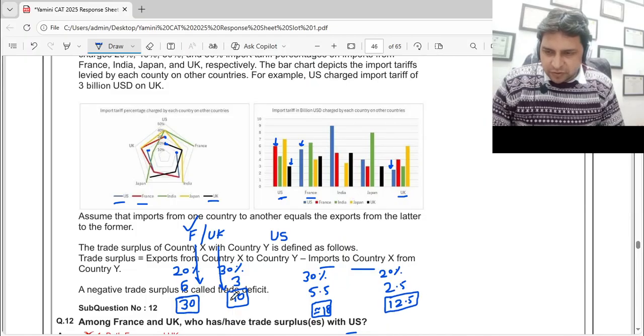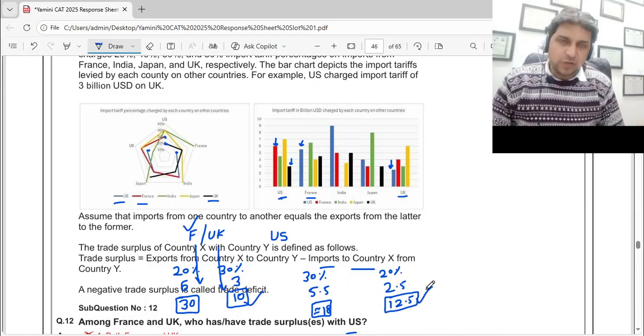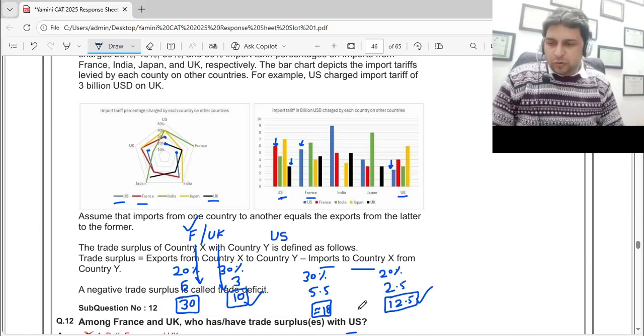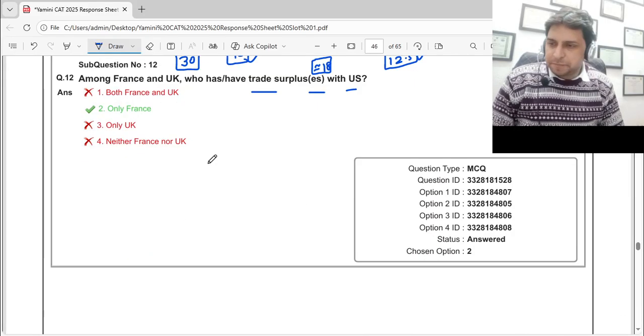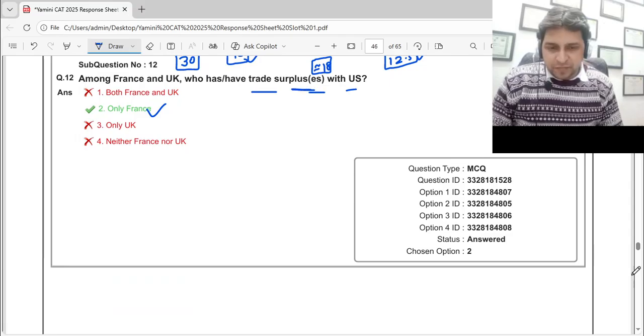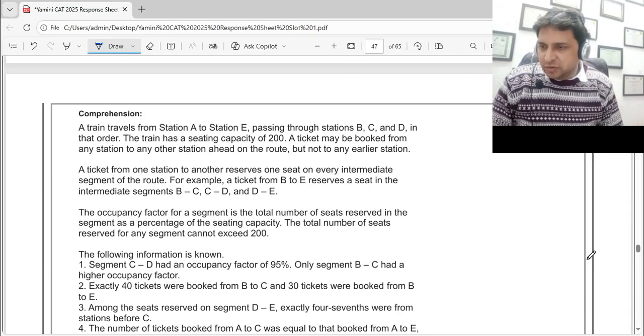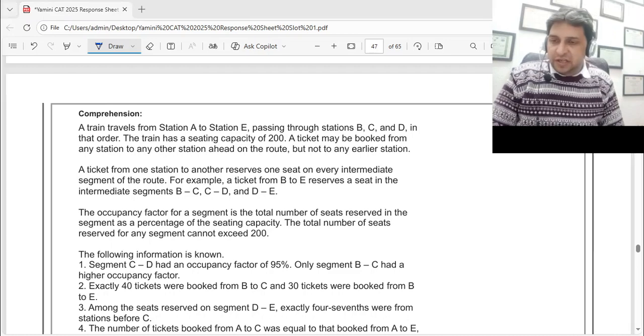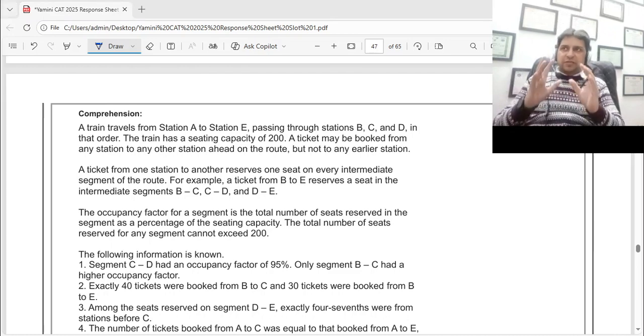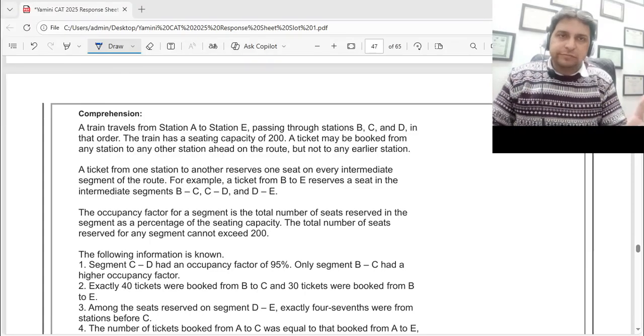It is in minus because 10 minus 12.5 is gonna be minus 2.5. So only France is gonna make the surplus. That was the question we had. Any other question we had along with it? No, that is all. That is the last question we had. So quite simple, doable. I believe somebody is afraid of numbers, but this was doable.